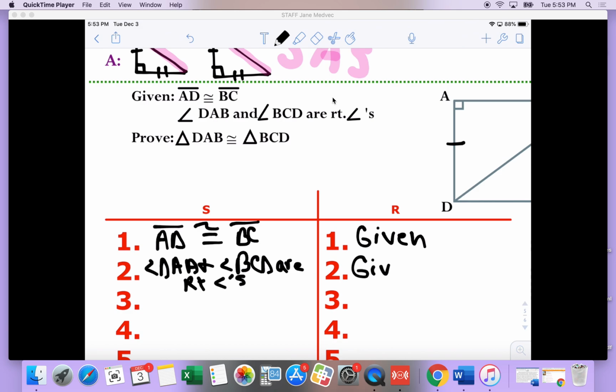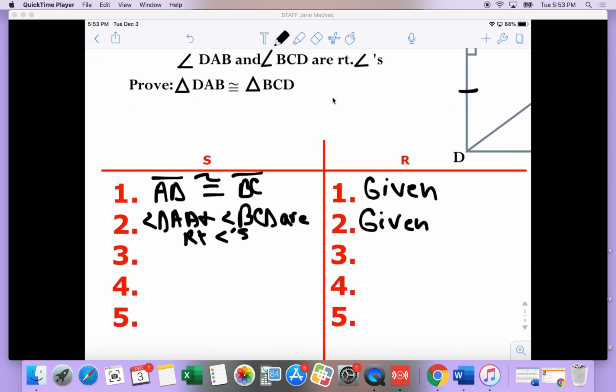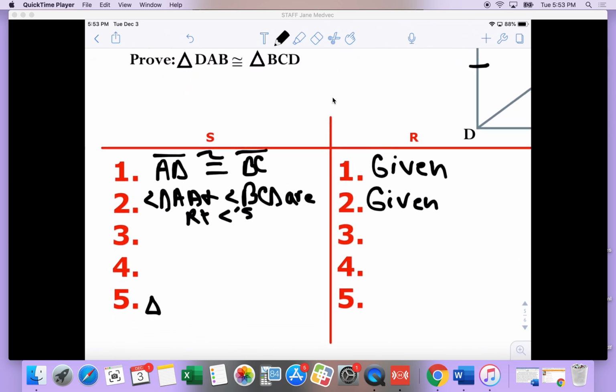That's also given. And you can kind of see it in the picture too. And then what I can do is I can come all the way down here because I know triangle DAB is congruent to triangle BCD. That's what I'm trying to find here. So I know I can do that because of this. So now I've got a side.